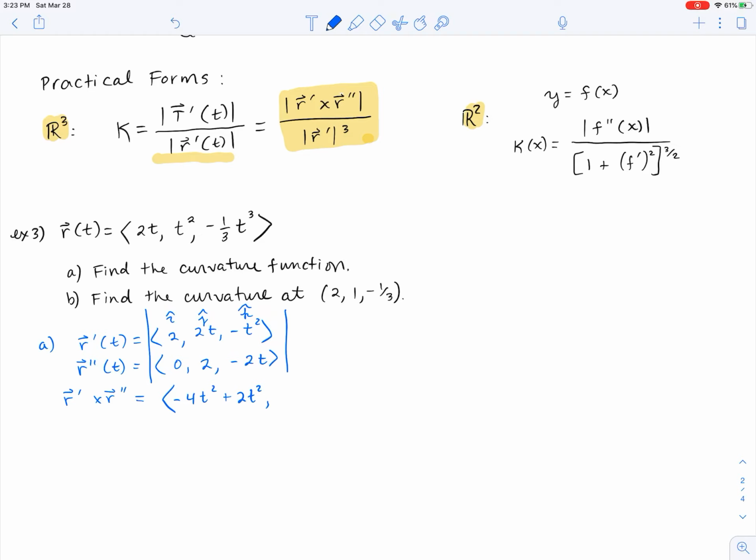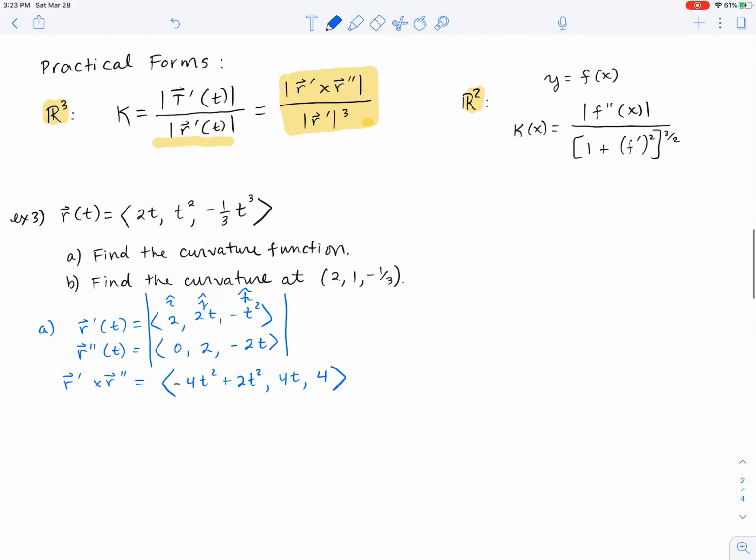The j component is going to be 0 minus negative 4t, so 4t. And then the z component is going to be 4 minus 0, so just 4. And let me double check and make sure that I got these correct. I did. Okay.